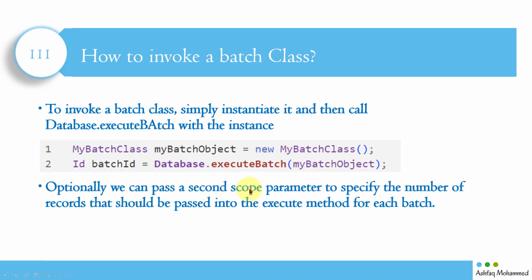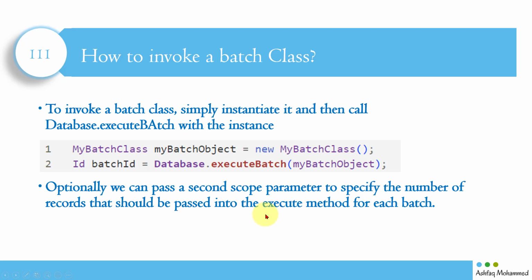Optionally, we can pass a second scope parameter to specify the number of records that should be passed into the execute method for each batch. Because this is a batch class, I said that it will divide the data into batches, so why 200 or why 2000?